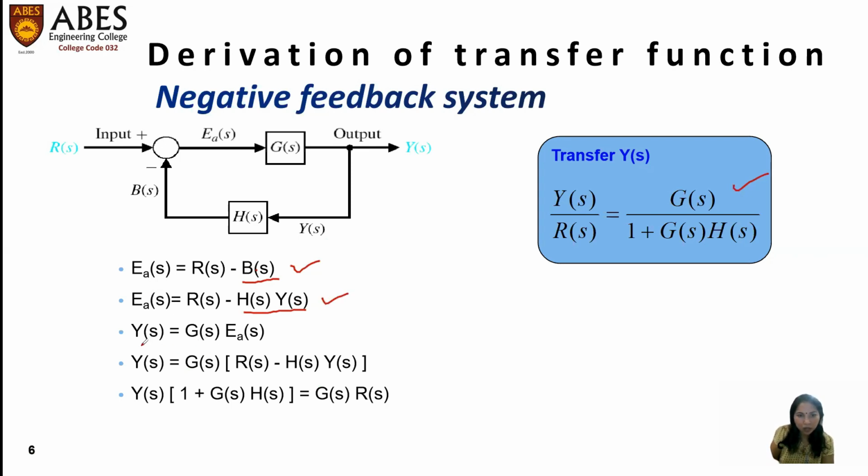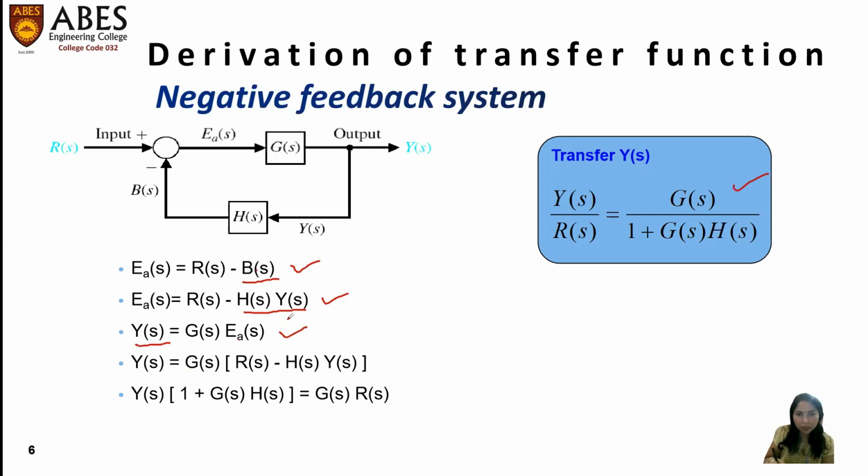Now we have to see what is Y(s). This is your Y(s), the output signal. Y(s) is nothing but G(s) into E_a(s): the output signal is the forward path gain G(s) multiplied by the error signal E_a(s). So I have written Y(s) is equal to G(s) into E_a(s).